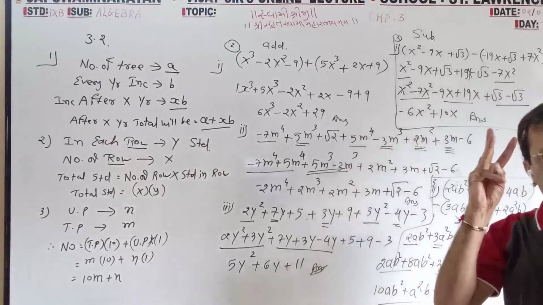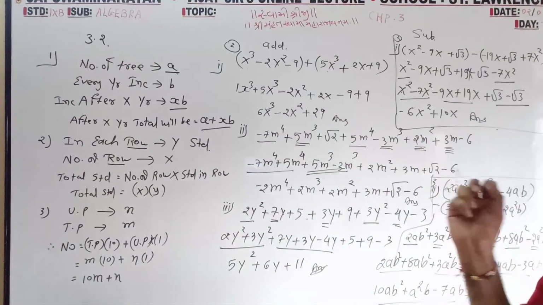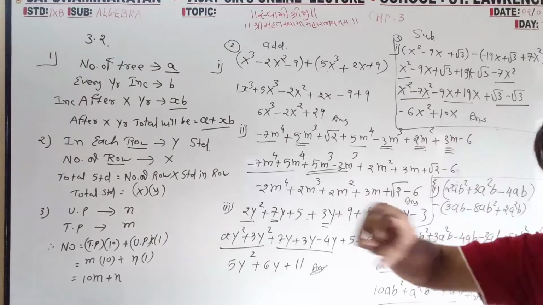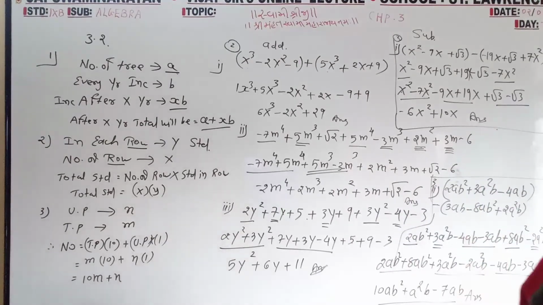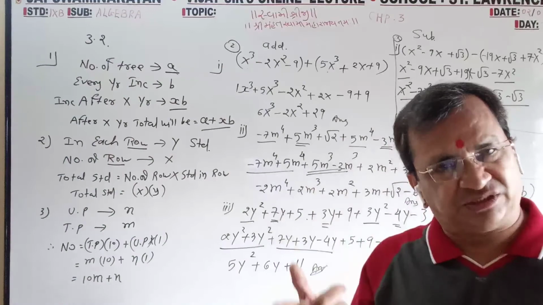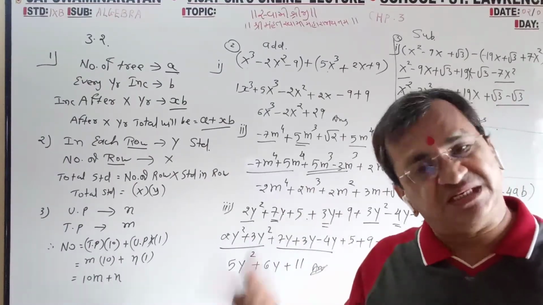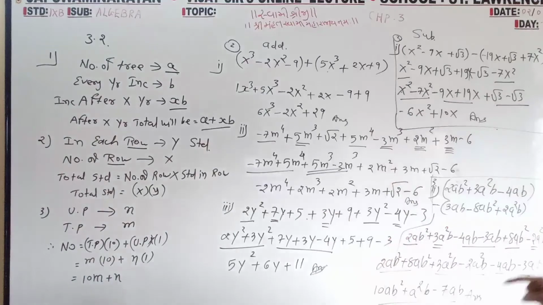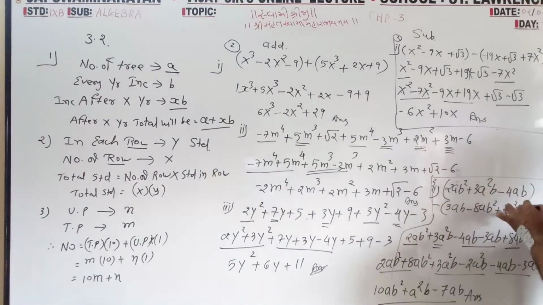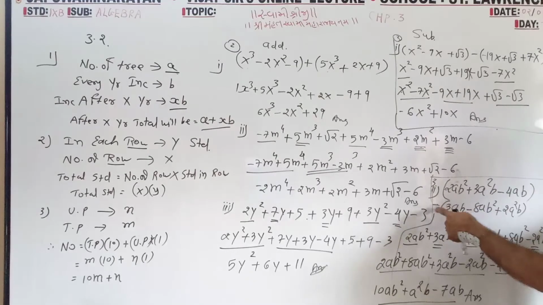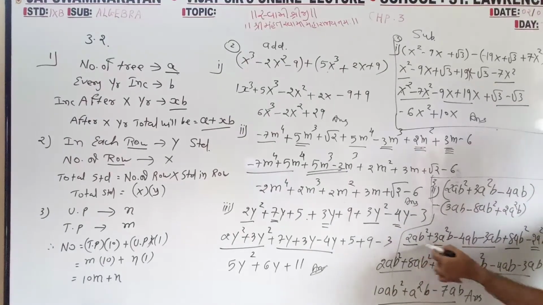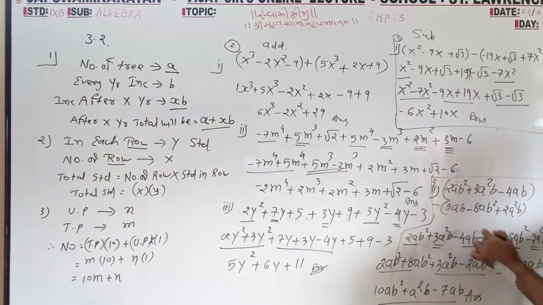There are three types of different terms: one, a square b; second, ab square; third, ab. So 1, 2, 3 terms are given in the first bracket. This bracket continues with minus, I have no space, so I have written it below. So first minus second. Now I have written this as it is, 1, 2, 3. It is minus, so minus plus minus, minus minus plus, plus minus minus, and terms are repeated.